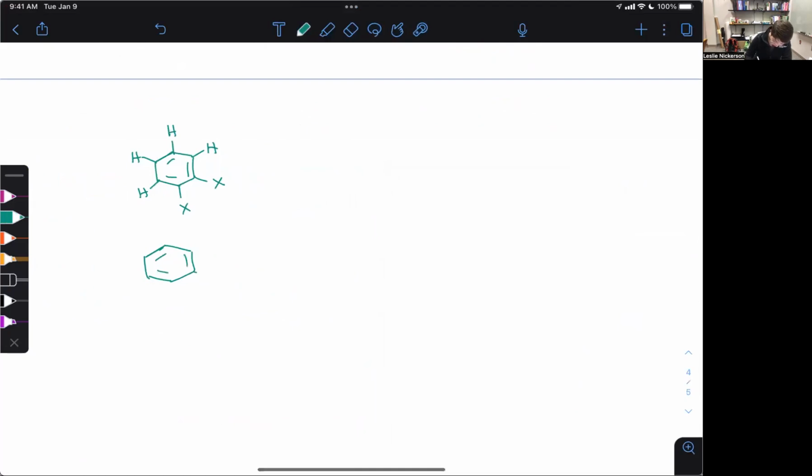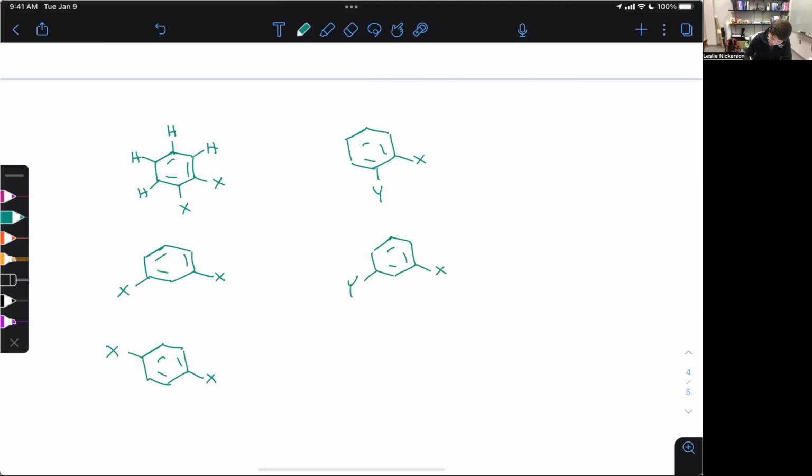I could have them 1 carbon apart. Or I could have them on opposite sides. Okay, I could also have 2 different substituents. So I could have X and Y. They could be right next to each other. They could be one apart. Or opposite ends. Okay, so I basically have these 6 options of what I can have, given the fact that I have 4 hydrogens in this NMR in my aromatic region.